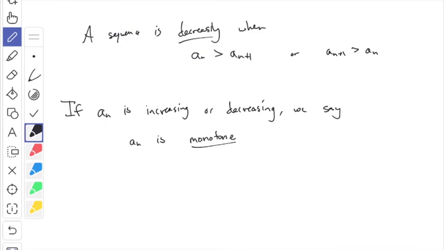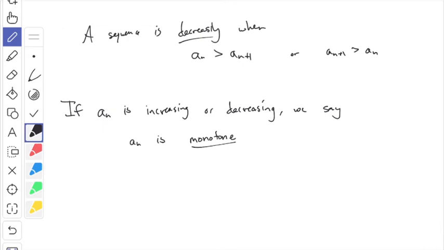Monotone. The word monotone, you've probably heard it in music maybe, it kind of means something which is staying the same all the time. So in a mathematical context, we use the word monotone to indicate usually something which is changing, but always changing in the same way, or in the same direction.